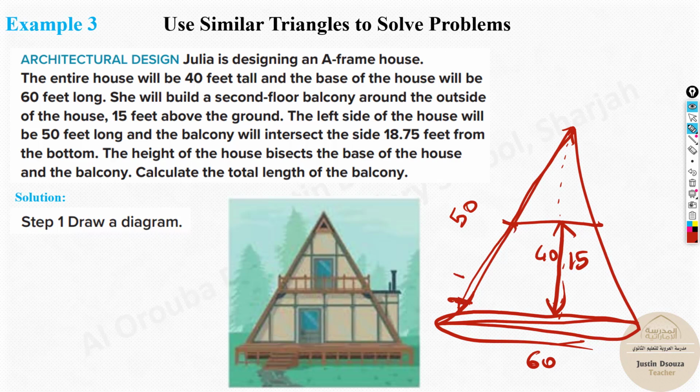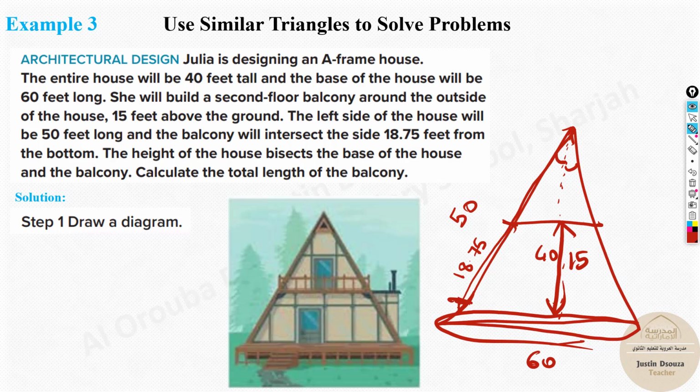So this distance here will be 18.75 feet from the bottom. Okay, the height of the house bisects the house and the balcony. That means over here, this is bisecting it. Bisect. Okay, what does bisect mean? This height makes this into equal triangles. They both are equal. That's what it means, okay?